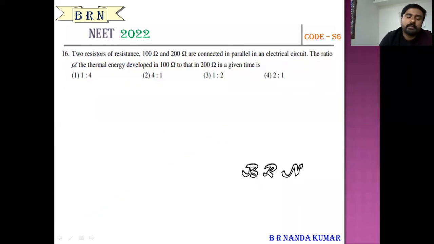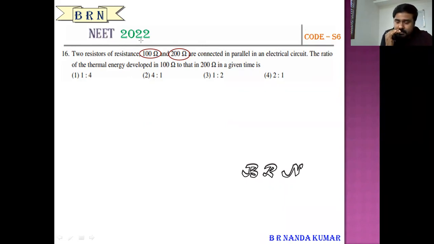Next problem. Two resistors of resistance 100 ohm and 200 ohm are connected in parallel in an electrical circuit. The ratio of thermal energy developed in 100 ohm to that in 200 ohm in a given time is. Think slowly.